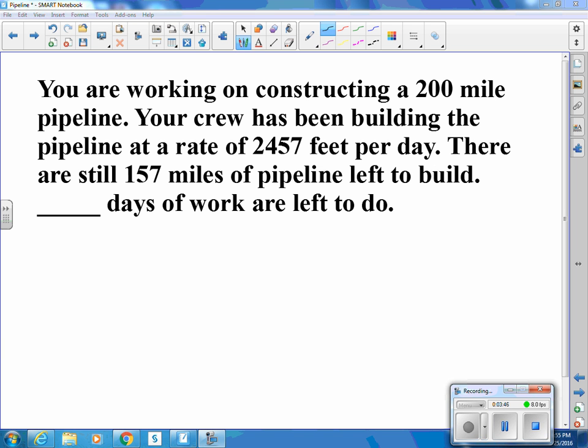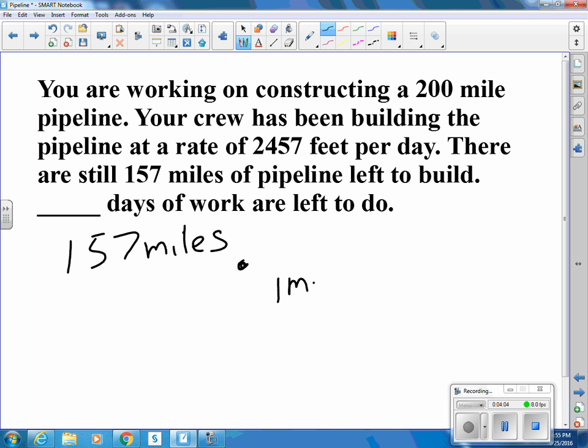Well, let's take our 157 miles, and one mile is 5,280 feet.